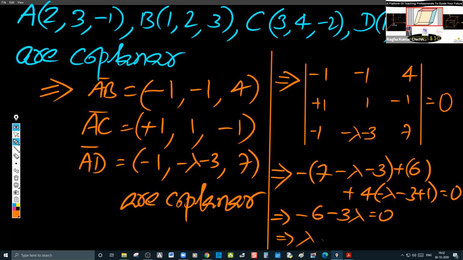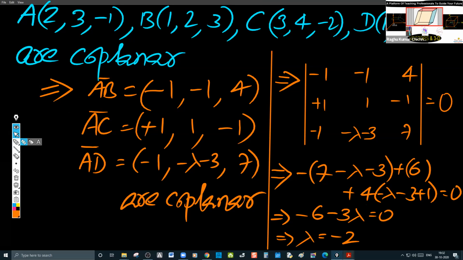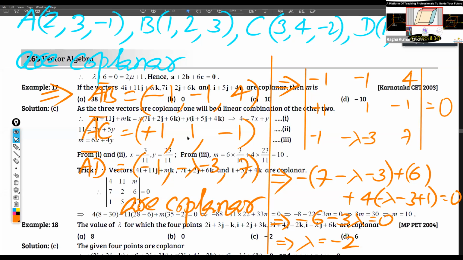Lambda is equal to -2. Is the answer given -2 or +2? No, we have got -2. Let me check the answer once. It is -2, answer also is -2, sir. Right.